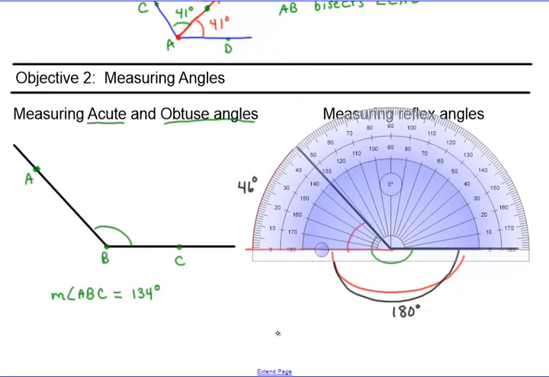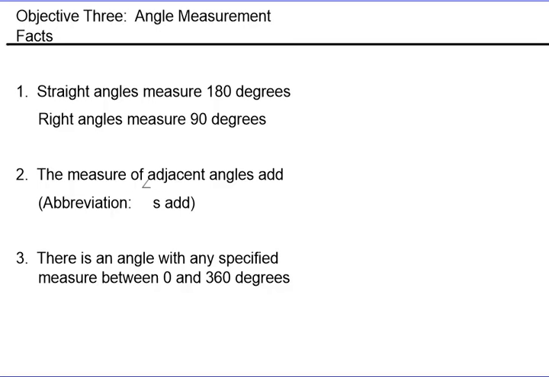So we simply take 180 degrees and add our 46 degrees, and we'll get the measure of our reflex angle. So that becomes 226 degrees, which makes perfect sense because it has to be between 180 and 360. So that will be how you measure reflex angles. You just have to make sure that you add on your 180. Okay, so we've got a couple more things to talk about.